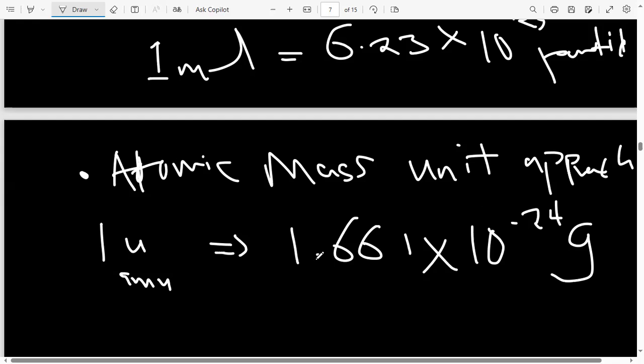Okay, so I was saying the first one here is this one, where we are saying one atomic mass unit is equal to 1.661 multiplied by 10 to the power minus 24 grams, okay?